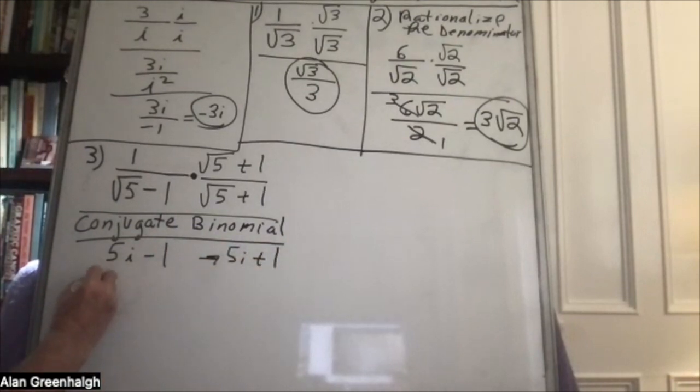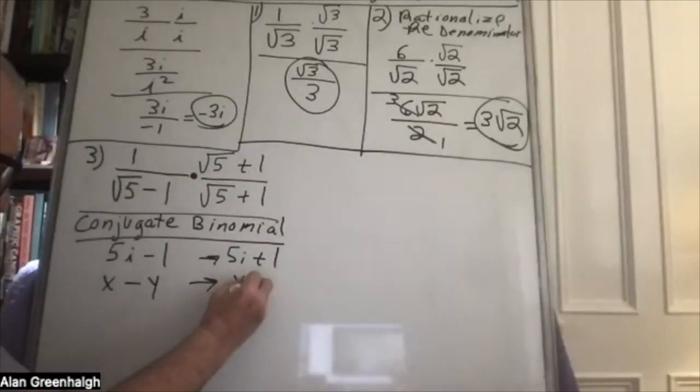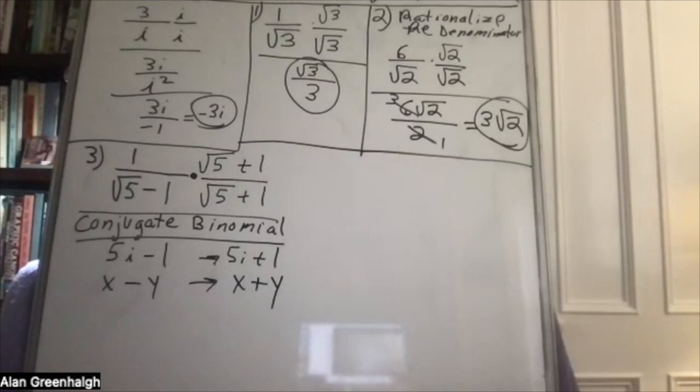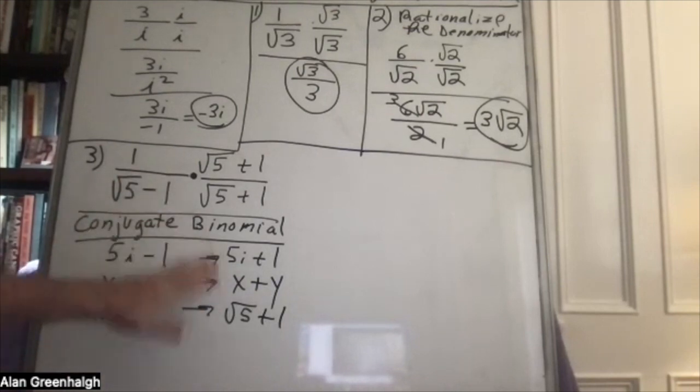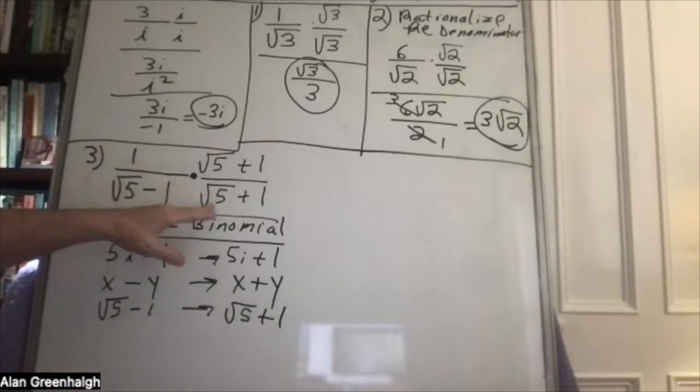If I said, x minus y, what is the conjugate binomial? You'd say x plus y. And here we go again, the square root of 5 minus 1 and the square root of 5 plus 1. So these conjugates are constantly coming up because it's a very important concept in giving us a rational denominator.